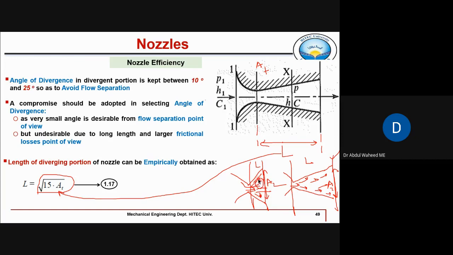Right? Flow separation will drop the velocity. Here there will be no flow separation. Fluid will be flowing continuously and smoothly in the entire cross section or in the entire length of the divergent part. Okay.